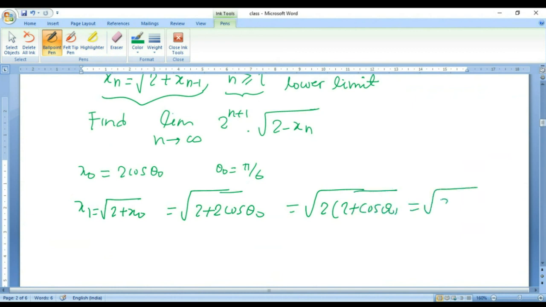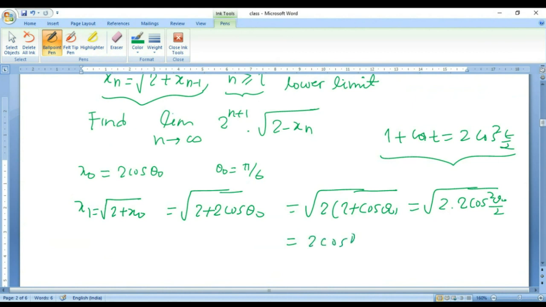That equals the square root of 2 times 2 cos squared theta_0 over 2. You remember 1 plus cos t is 2 cos squared t over 2. So use that result. We get that this happens to be twice cos theta_0 over 2. That is my x_1.